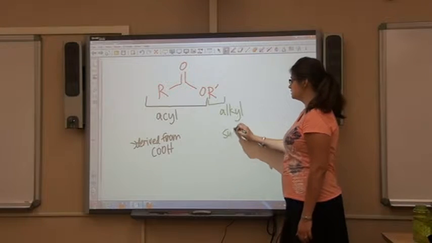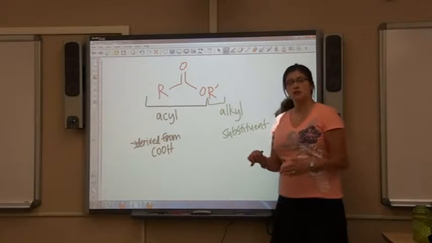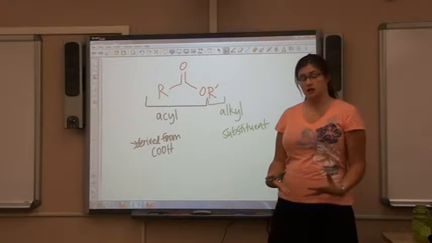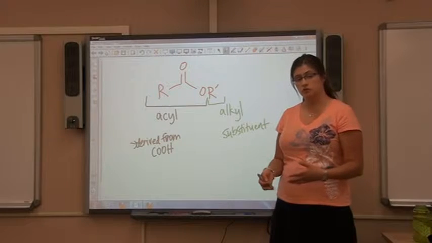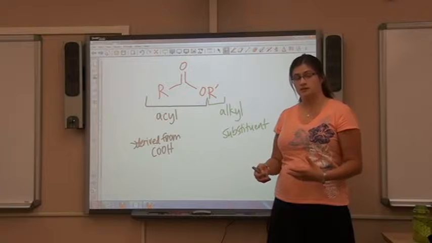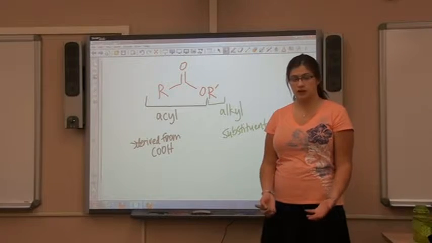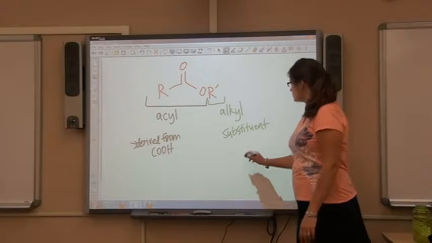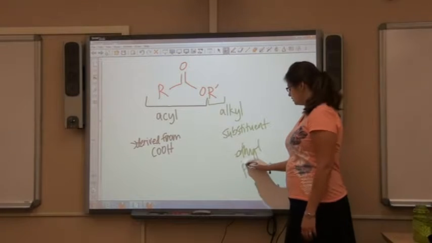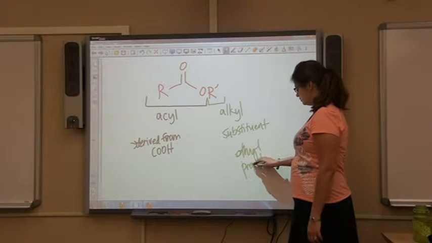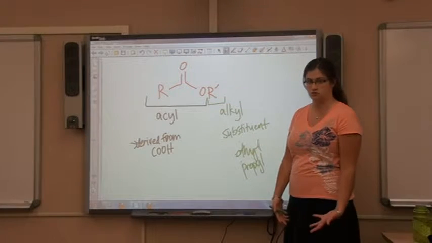This is really just a substituent of our ester. So when we name these ester compounds, we are going to name the alkyl group R prime, the thing that has the single bond with the oxygen, as an alkyl substituent. In other words, we're going to use things like ethyl, not ethane, propyl, not propane, because we're going to name this part of our compound as a substituent.